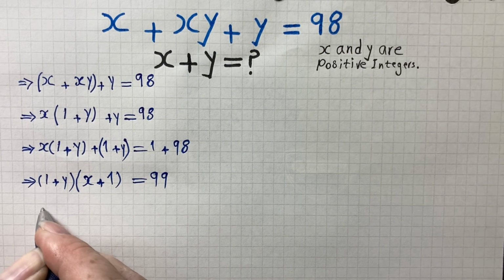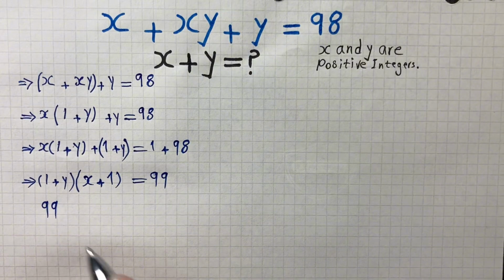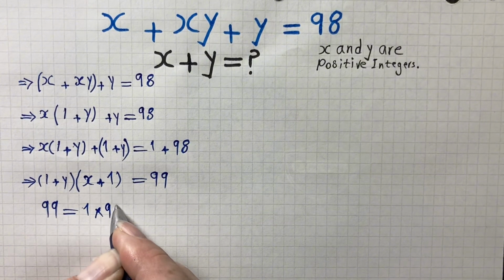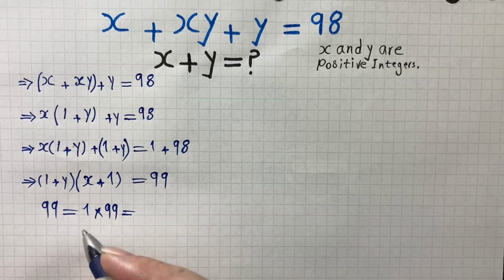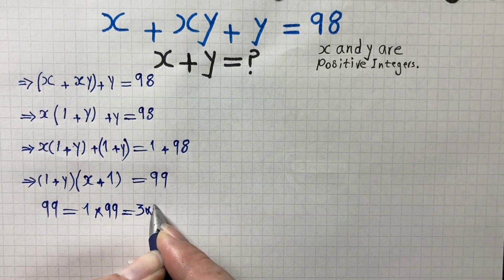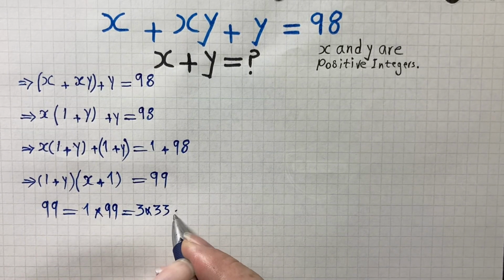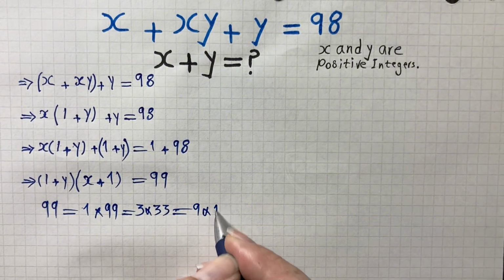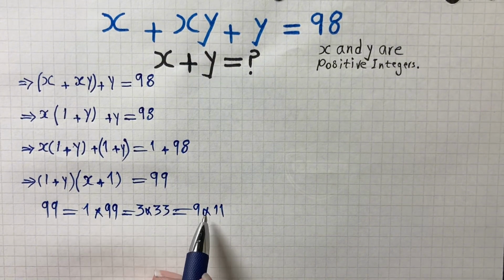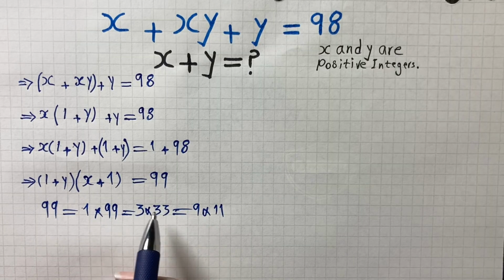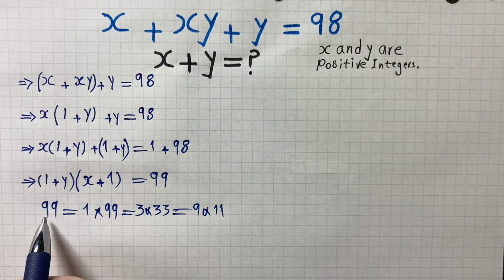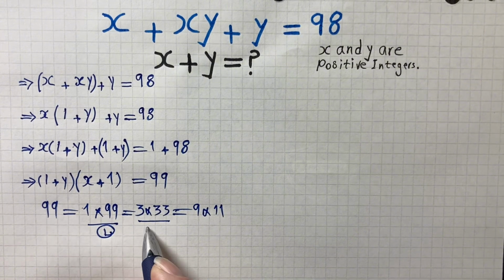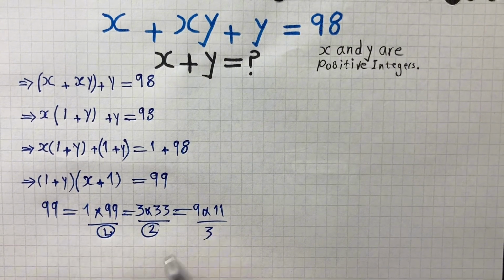Let me write it here. 99 can be written in the form of 1 times 99, also 3 times 33, and at the end 9 times 11. So here we have three pair factors whose product is 99. So we have three cases: case 1, case 2, case 3.